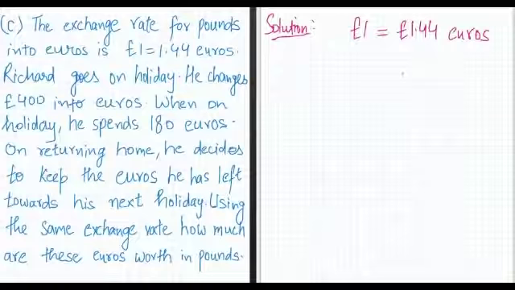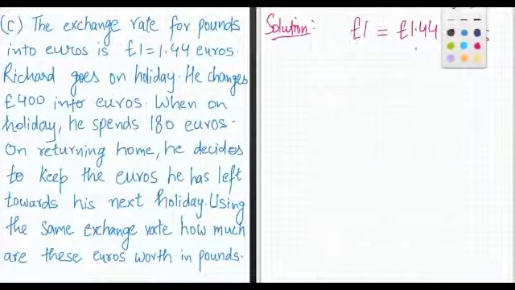and the remaining question says Richard goes on holiday, he changes 400 pounds into euros. So according to the exchange rate, 1 pound is equal to 1.44.